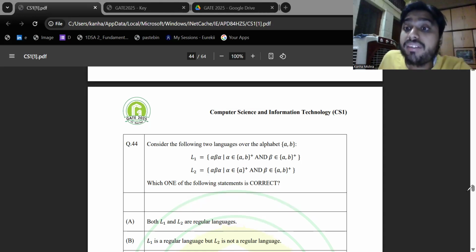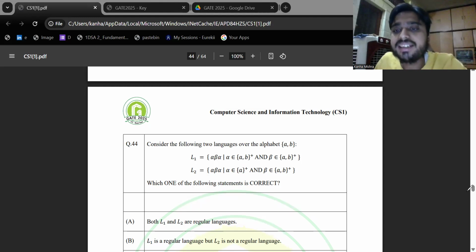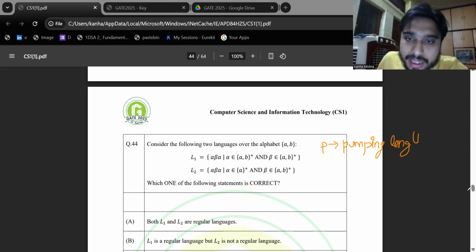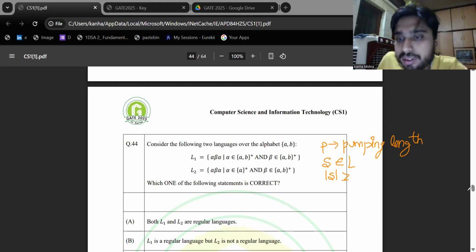So, if a language L is regular, then there exists a number p, the pumping length, such that s belongs to that language and the length of s is greater than or equal to p, and it can be split into x, y, z.